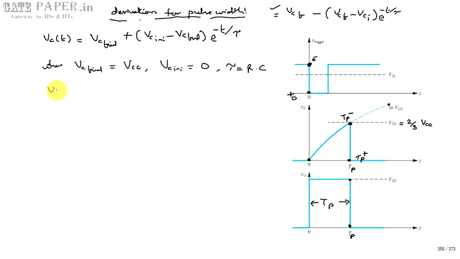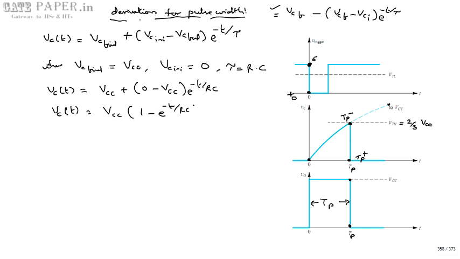So Vc of t, now I can write like this: Vc final is Vcc plus Vc initial is 0, so Vcc into e power minus t by RC. This can be written as Vc of t equal to Vcc, if you take common, 1 minus e power minus t by RC.